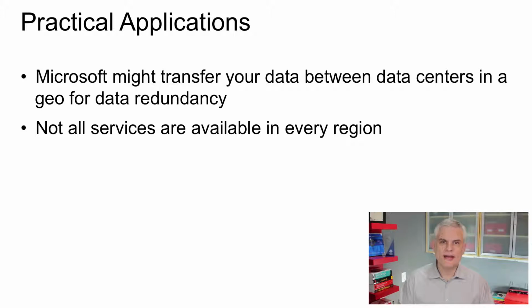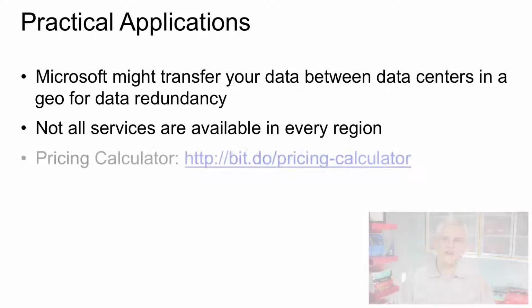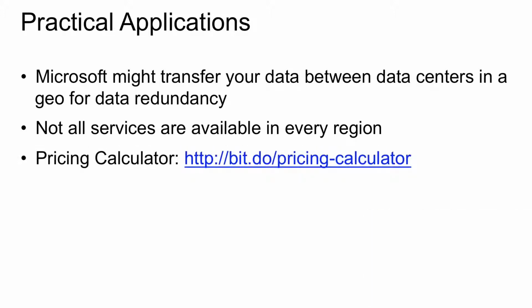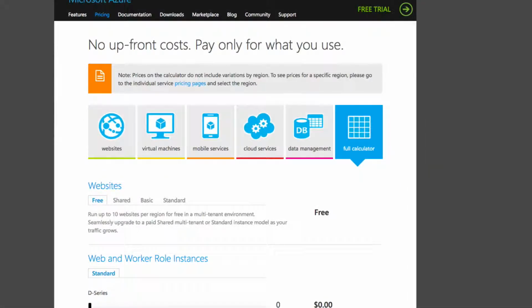So here again, there's a powerful calculator to help you figure out your costs before you get too far, and you can find it at the link there on screen. So I'd recommend, if you're going to look at this link, looking at the full calculator tab all the way on the left-hand side and reading all of the small print to fully comprehend the gravity of the decisions that you're making, especially in those scenarios where you're choosing cross-zone or geo-regional boundaries.